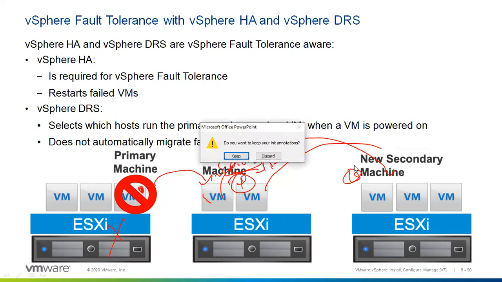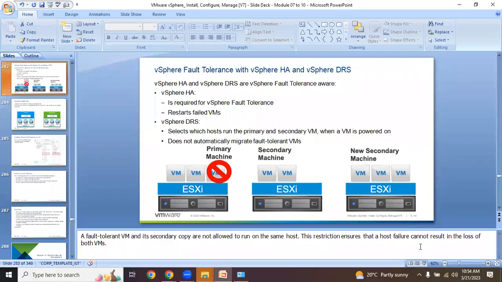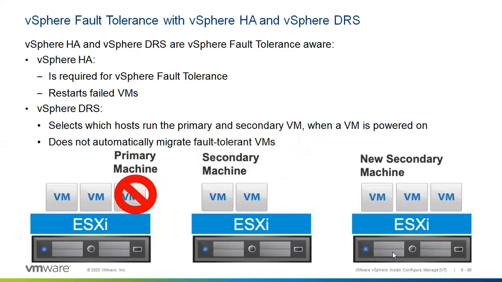Sir, if the server which was down comes up again, will the newly created VM be gone, sir? No, no. The existing one, there is no existence of this VM now. Let us suppose this host fails, this secondary VM will become primary, and a new secondary VM gets created.